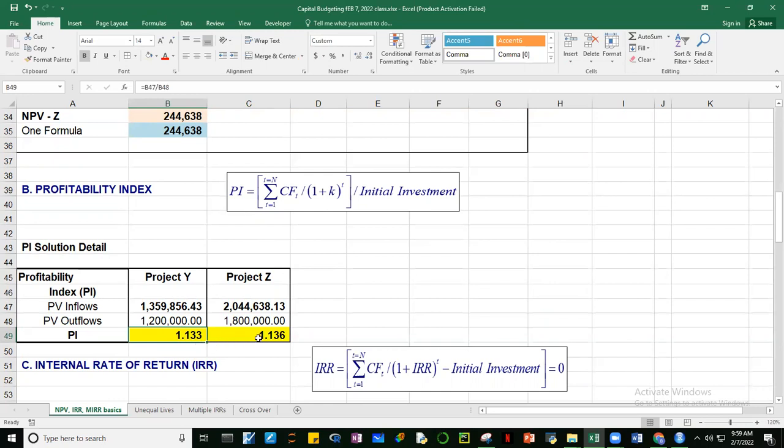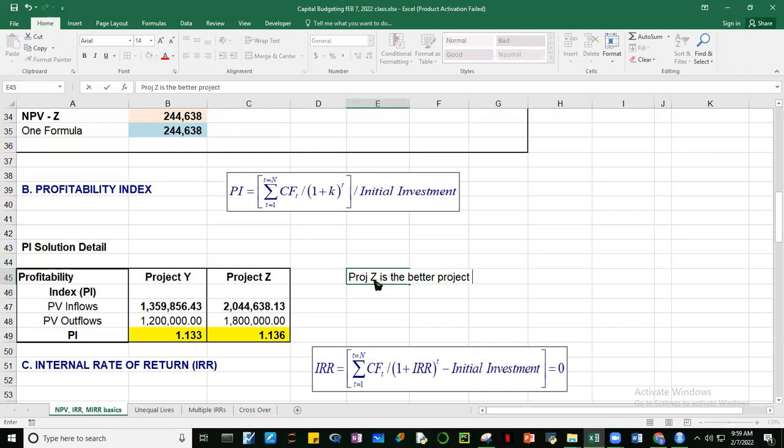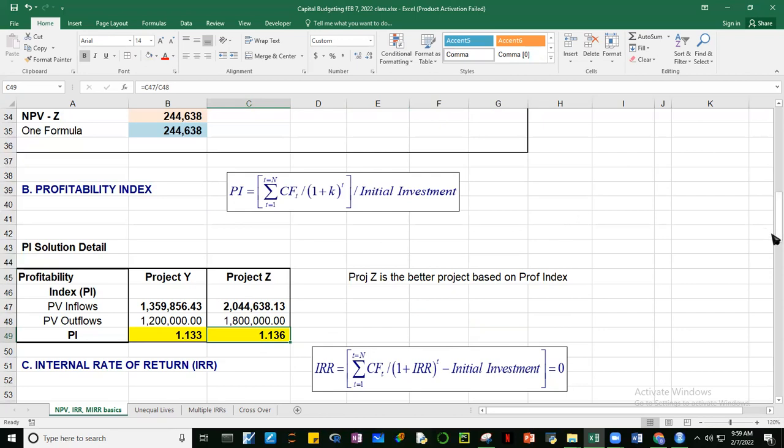Okay. For project Z, it's 1.136 inflow. So project Z is the better project based on profitability index, since it has the higher profitability index.